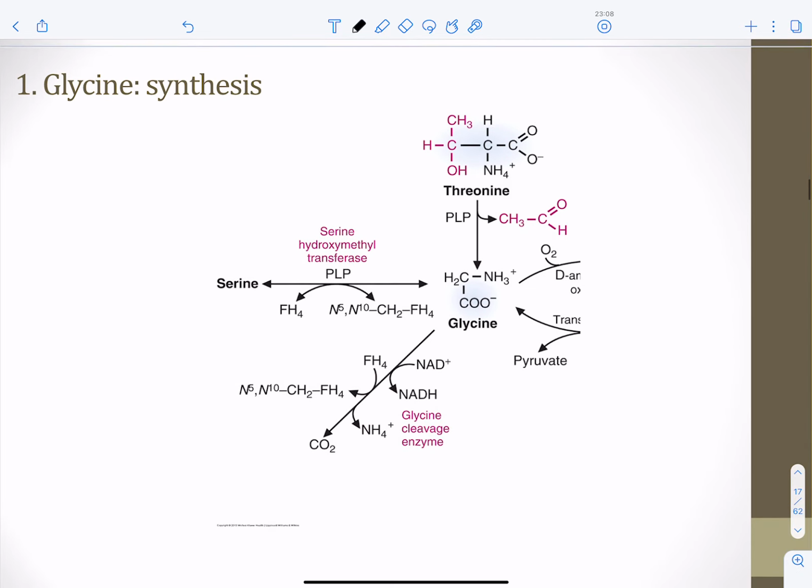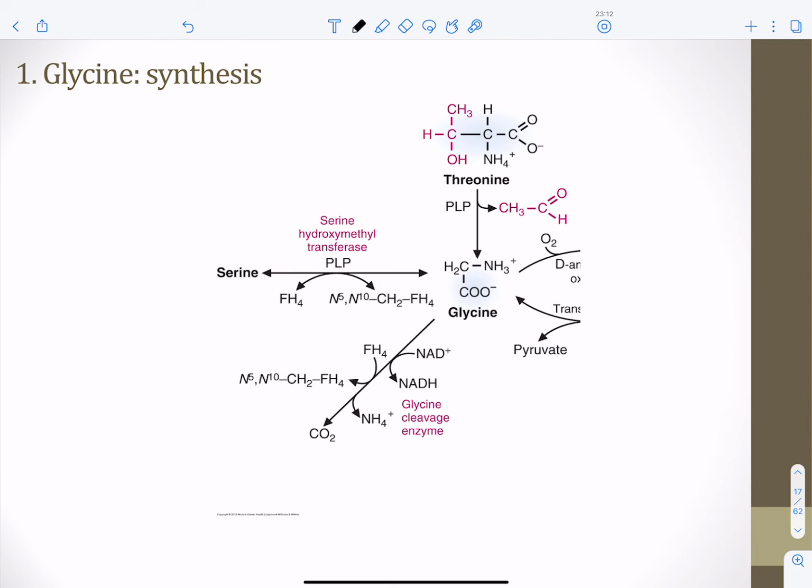So let's first talk about glycine synthesis. For glycine, we have 2 pathways to make glycine, from serine or threonine. Threonine is a minor pathway, and serine to glycine is a major pathway.